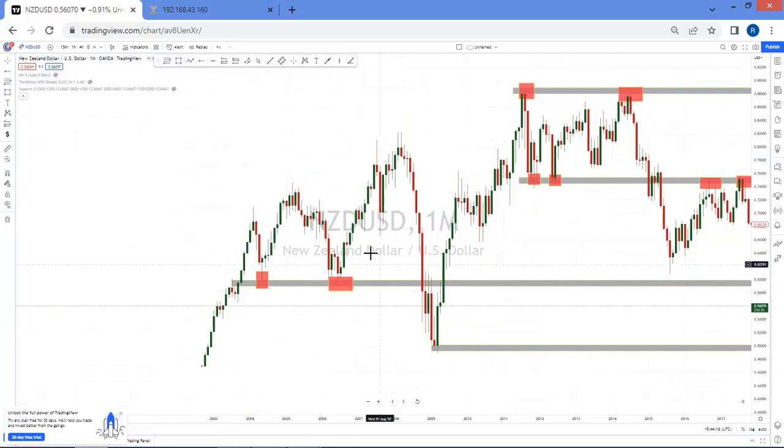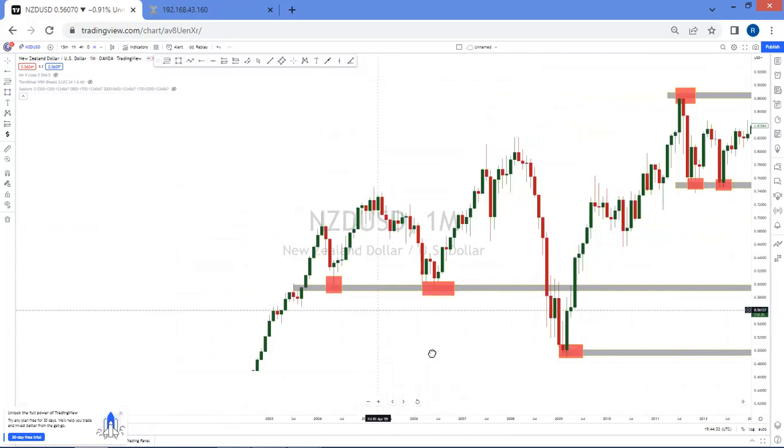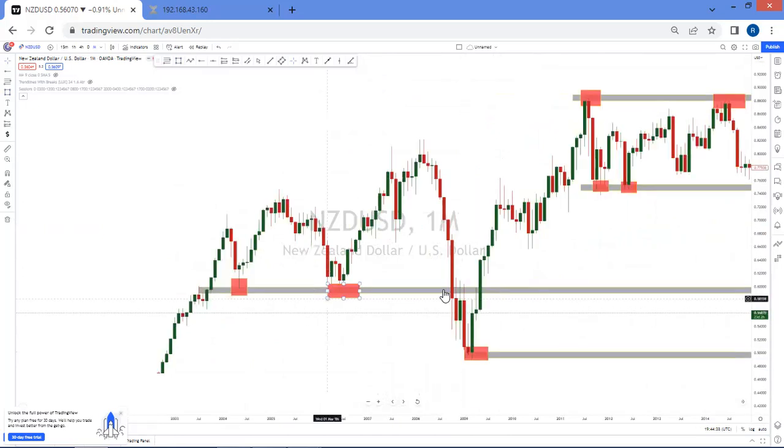I mean support here. The market broke through and created another support, coming back, going up, breaking it up again. You notice something: see the way price reacts at this support line.